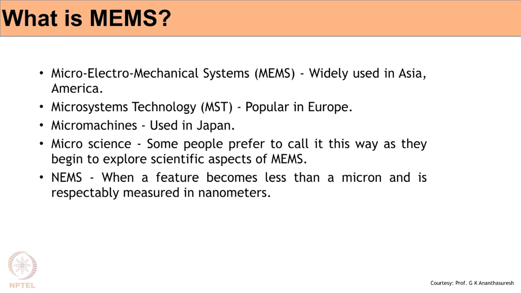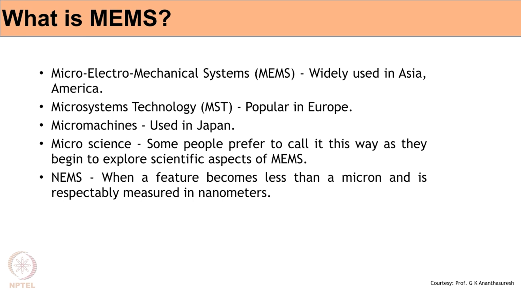We are talking many times about MEMS. What is MEMS? The full form of MEMS is micro electromechanical systems. Now, MEMS is more popular in India or the US, whereas microsystem technology is mostly used in Europe. Then micromachines is used in Japan, or microscience by some people around the world.